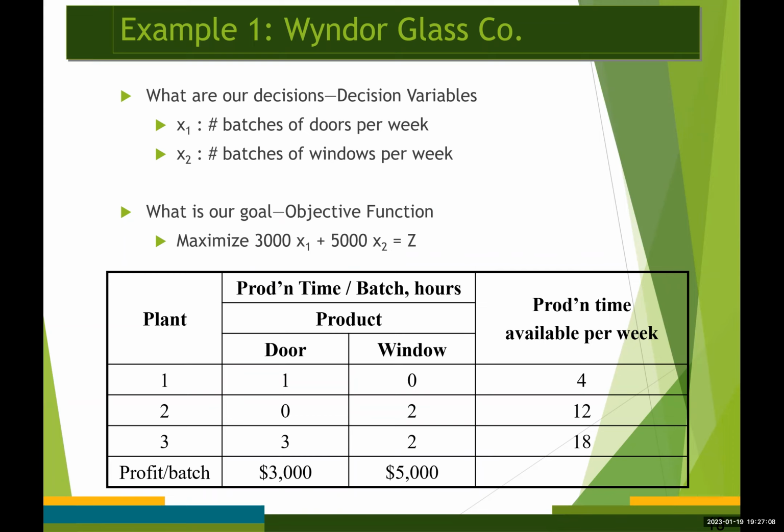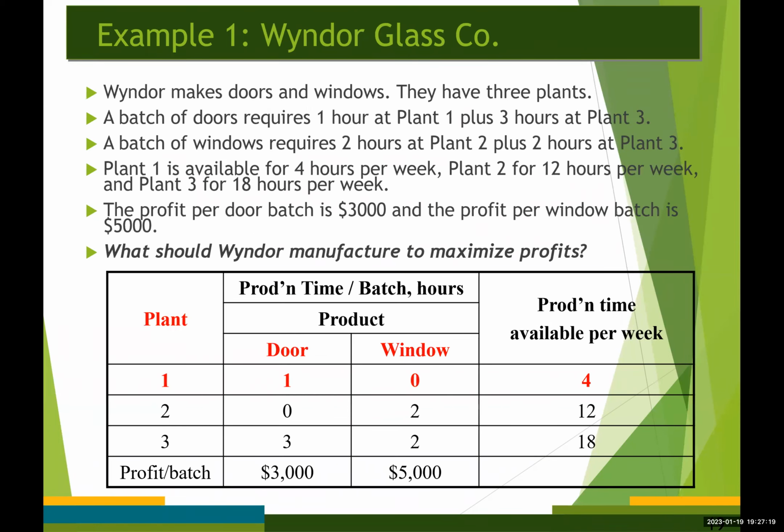Now we need to determine if the values of each decision variable, X1 and X2, are limited by any restrictions. According to the problem description, each batch of doors produced per week uses 1 hour of production time per week in plant number one, but only 4 hours per week are available in plant number one.